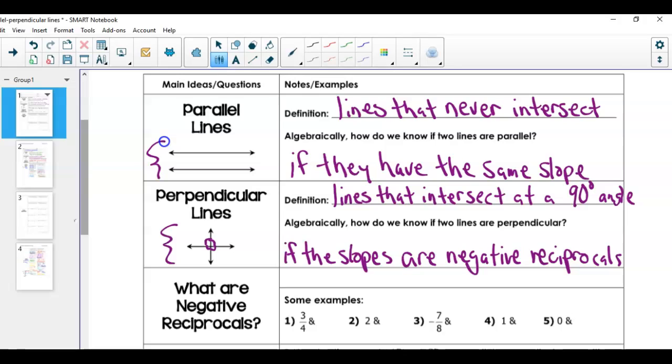So let's talk about it. Negative reciprocals are flipped fractions where one is negative and the other is not.